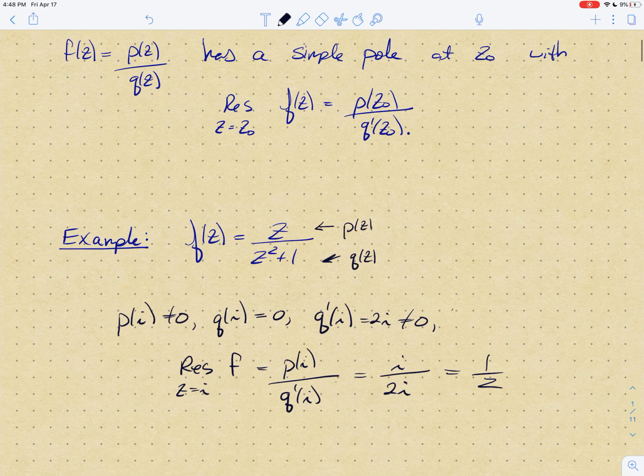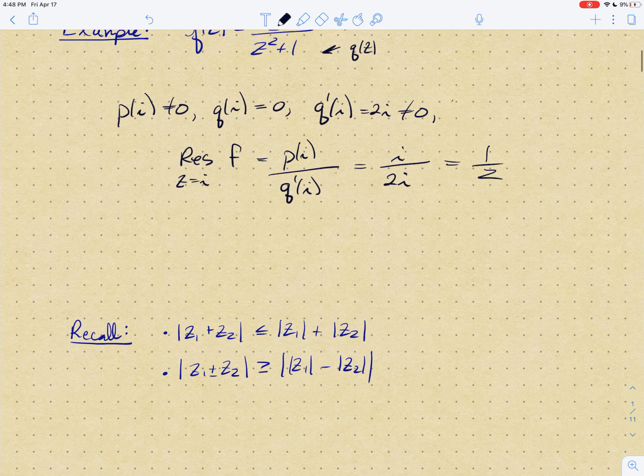So I wanted to just review some things with you. First off, we talked about this way back at the beginning when Dr. Dixon was just getting us started. We've come a long way since then. You guys have done really well. We looked at these two basic tools, the triangle inequality and the reverse triangle inequality.